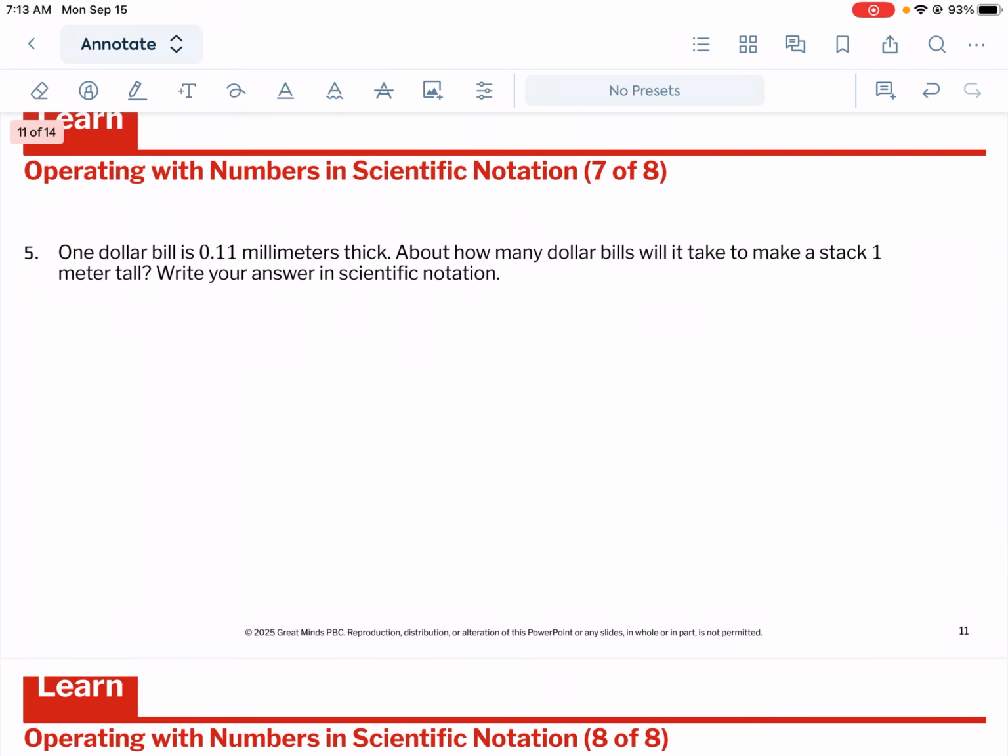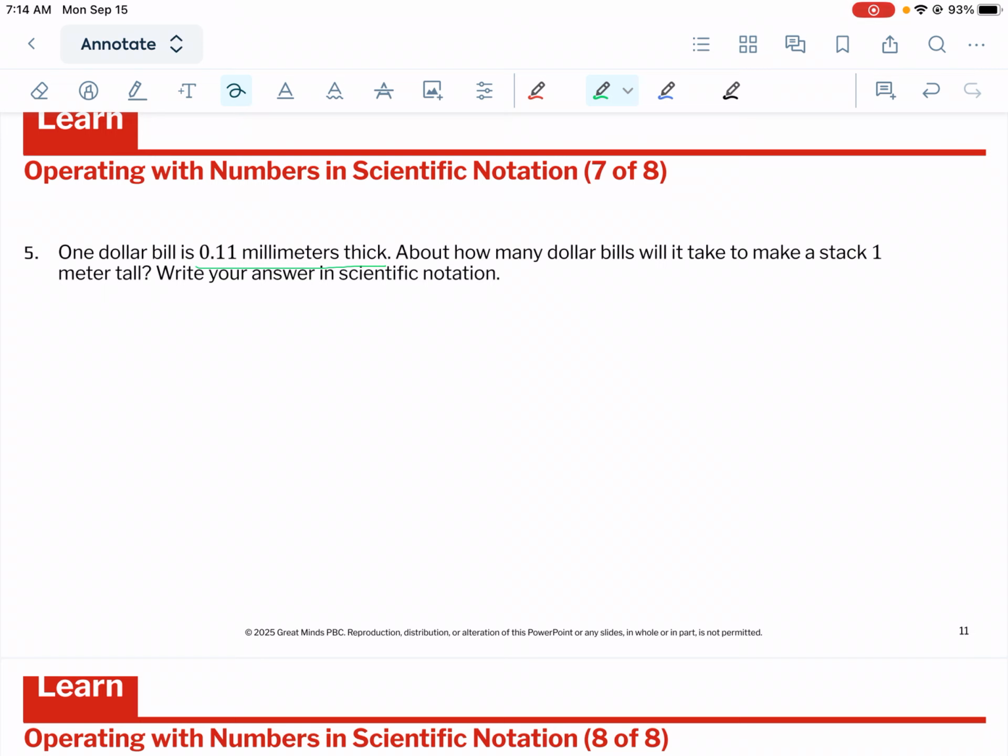For number 5, a $1 bill is 0.11 millimeters thick. Underline that. Annotations, kiddos, don't forget about them. About how many dollar bills will it take to make a stack 1 meter tall?